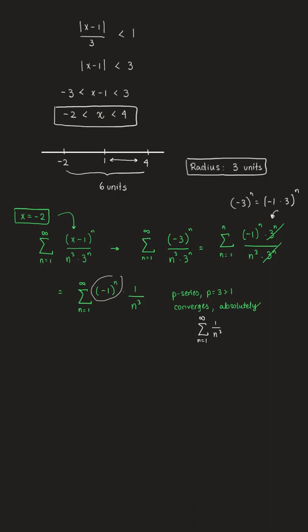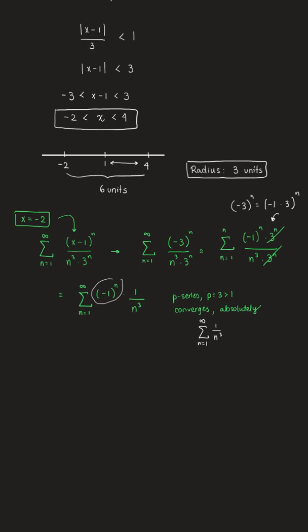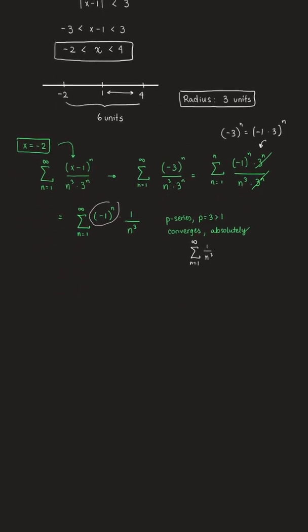All right, let's explore now what happens at 4, when x is 4. So we're going to take x equal to 4 and put that into our series up here. And that's going to give us the sum from n equals 1 to infinity of (4 minus 1) to the n over n cubed times 3 to the n.